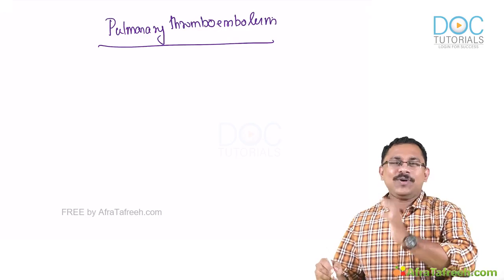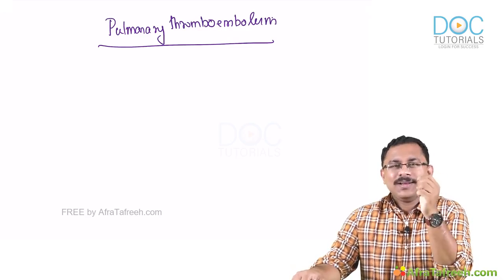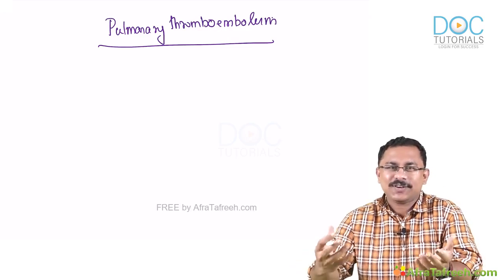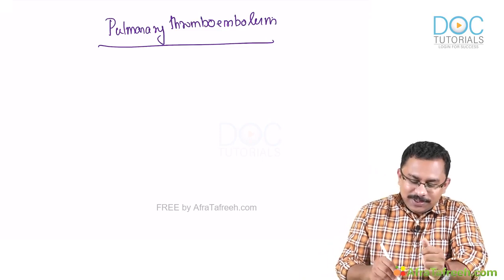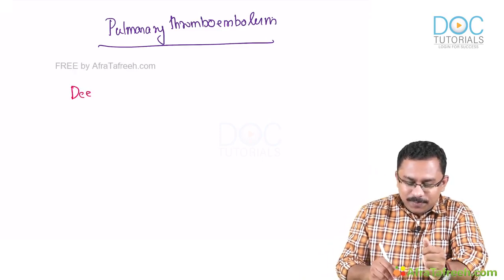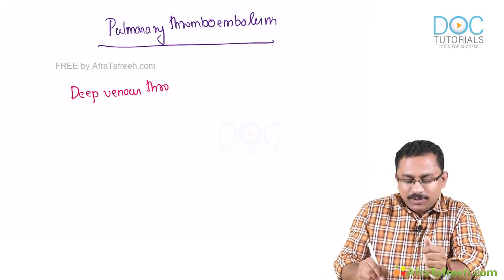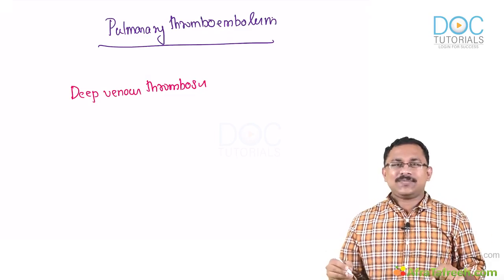So pulmonary thromboembolism. Now in a pulmonary thromboembolism, there has got to be a source of the thrombus for it to embolize, and the source of the thrombus is often a deep venous thrombosis, that is a deep vein thrombosis of the veins of the lower limbs.